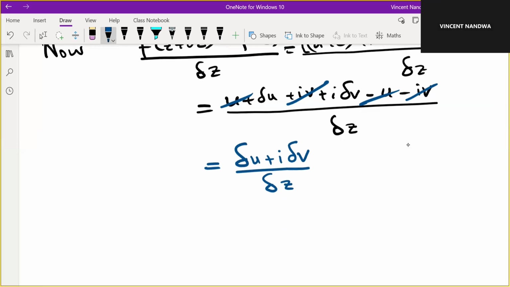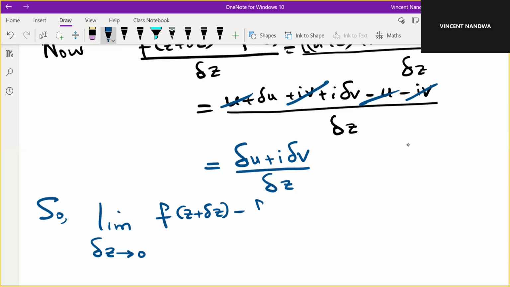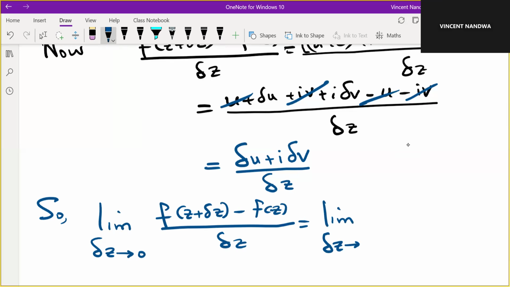So if we define the limit as delta z approaches 0 of this difference quotient, f of z plus delta z minus f of z divided by delta z, it will be the same as the limit as delta z approaches 0 of delta u plus i delta v divided by delta z.